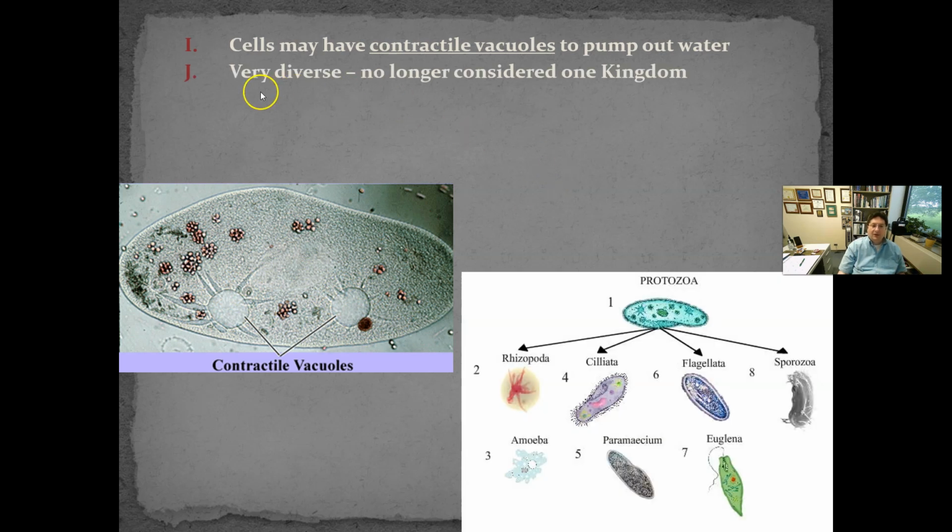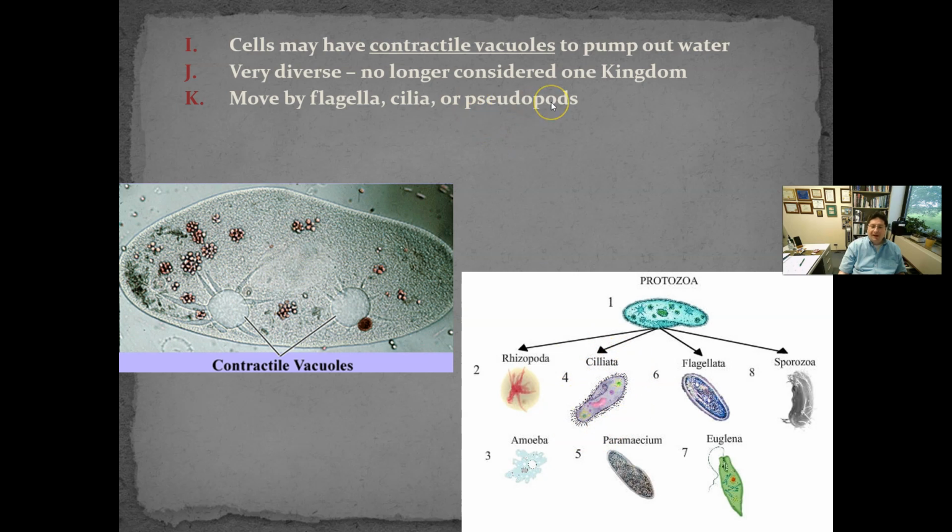Protozoans are very diverse, no longer considered one kingdom. So you have your protozoa, there's all these different groups of them. They often can move about by flagella, long tails. Cilia are little tiny hairs, like around this organism here.